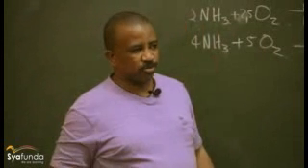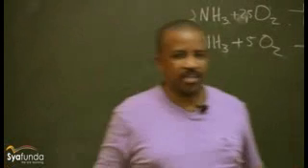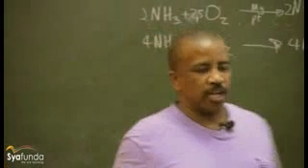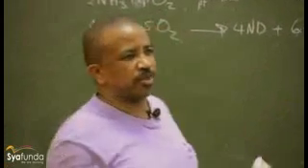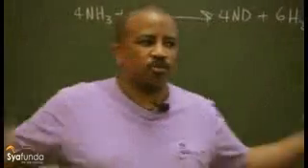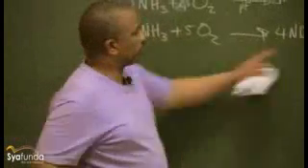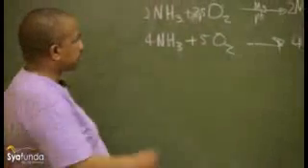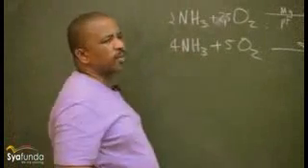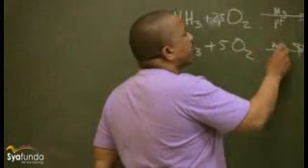Then you ask how it goes. Or when you revise at home, you simply say ammonia plus oxygen gives us NO plus water. That's 45, 46. So we have the first step. This is oxidation of ammonia in the presence of a catalyst.